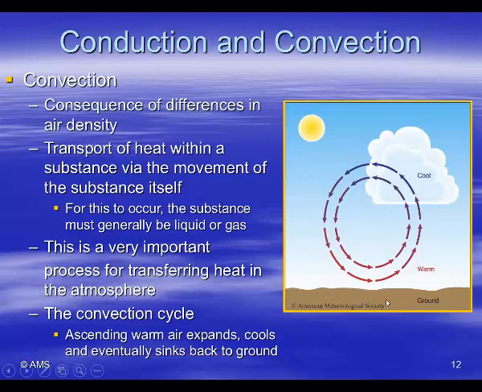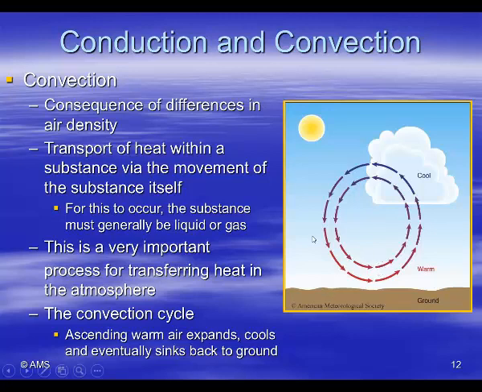Now the earth is hot. It warms the air just above it. That air expands and becomes buoyant, and it moves up into the atmosphere where it cools. Then cold air comes in to fill in where that air was when it was getting warm.